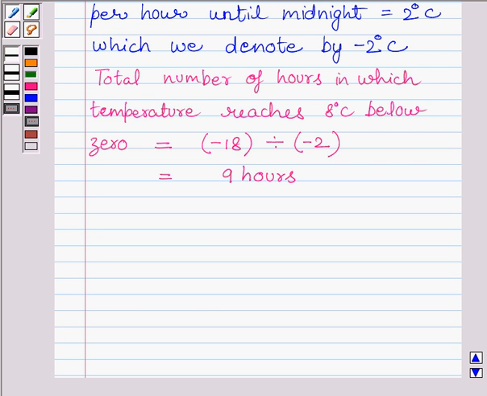Now we have to find the time at which temperature would be 8 degrees Celsius below zero.